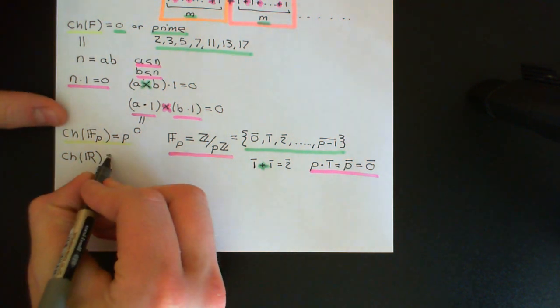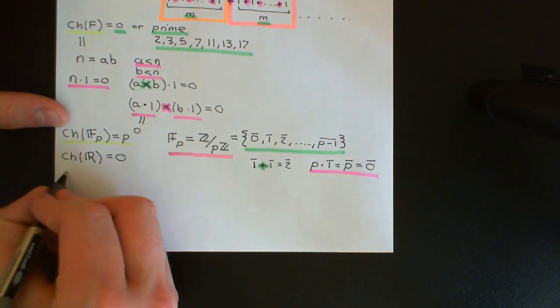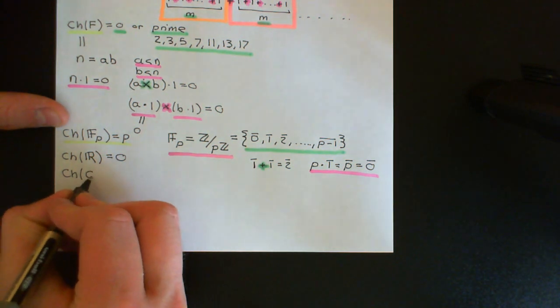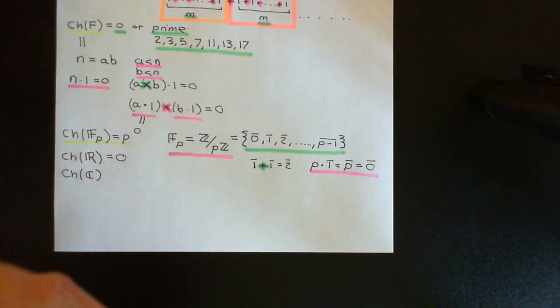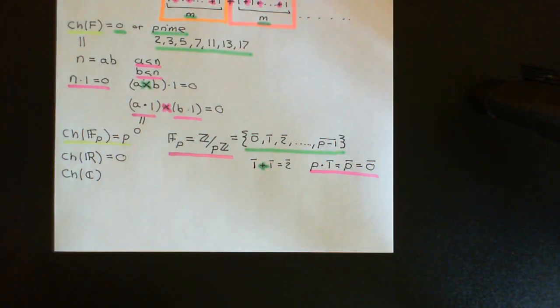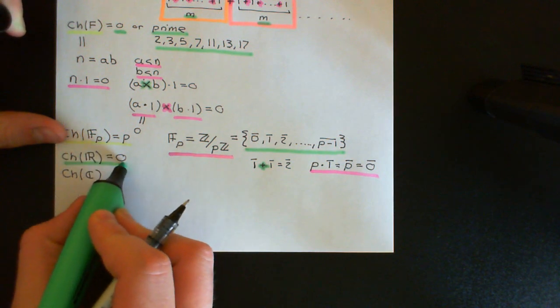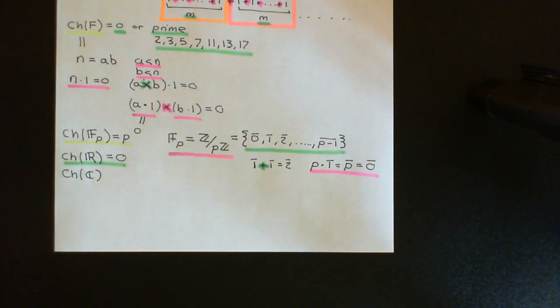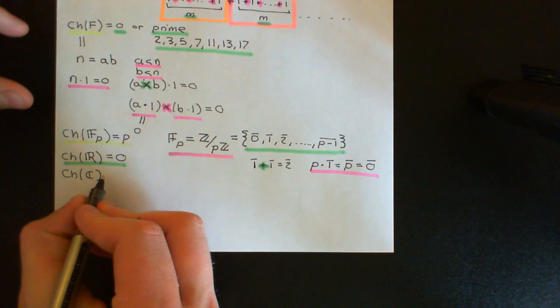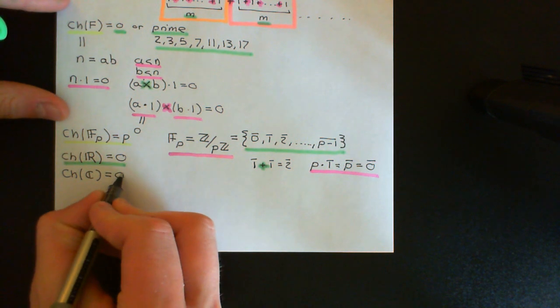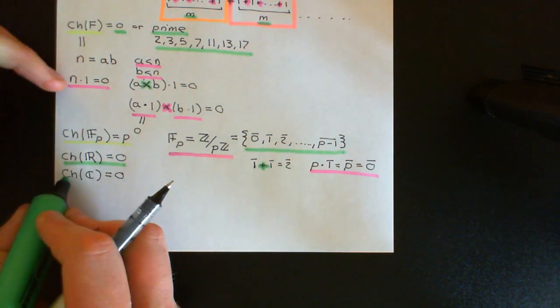So the characteristic of the real numbers is just going to equal 0, and then of course the complex numbers are just even bigger than the real numbers. It's a bigger version of the real numbers. If you add 1 to itself a certain finite number of times in the complex numbers, you are never ever, I assure you, going to get 0 back again. So again, the characteristic of the complex numbers will equal 0.